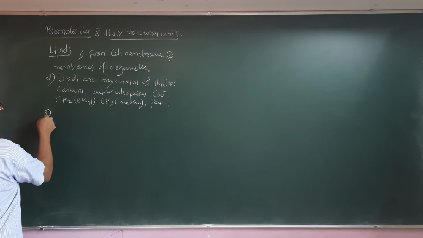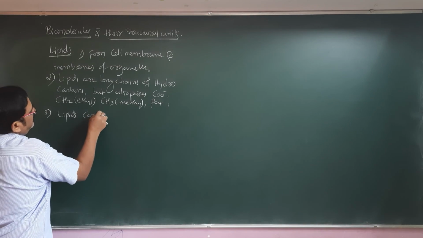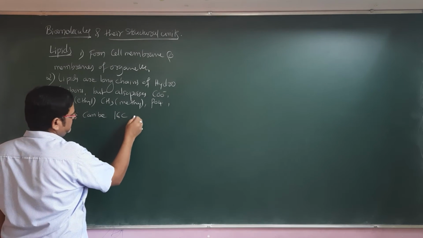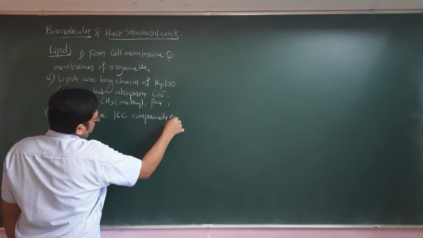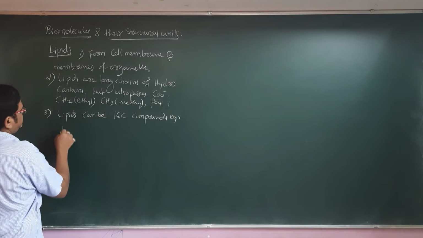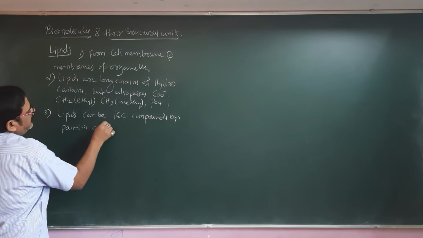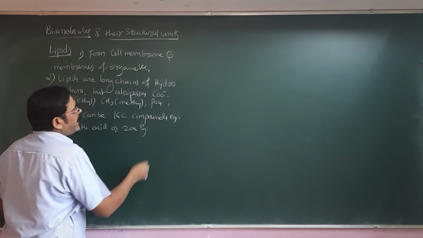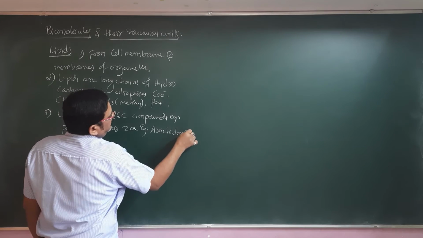Number 3, lipids can be 16 carbon compounds, for example palmitic acid, or 20 carbon compounds, for example arachidonic acid.